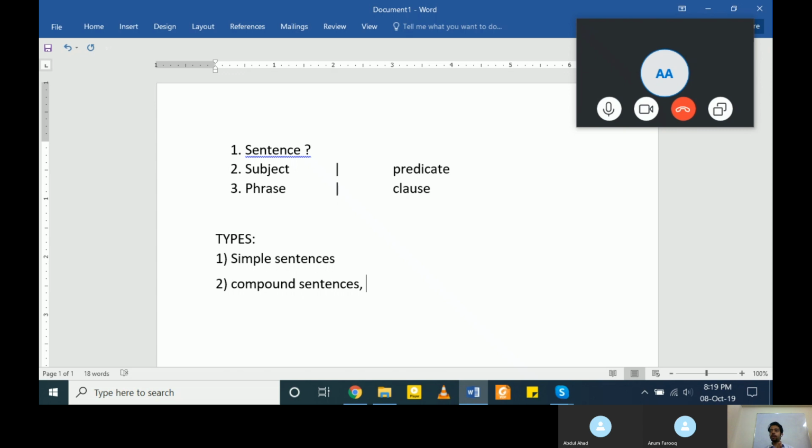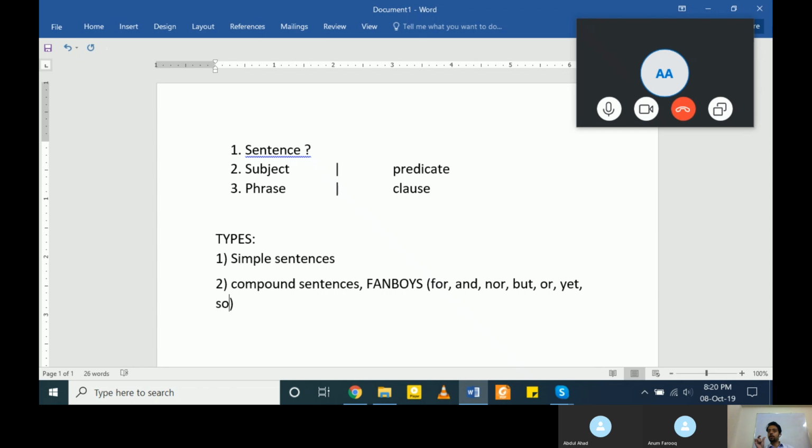So, moving towards coordinating conjunctions. What are the coordinating conjunctions? You can write the word FANBOYS, F-A-N-B-O-Y-S. F for for, A for and, N for nor, B for but, O for or, Y for yet, and the last one, S for so.